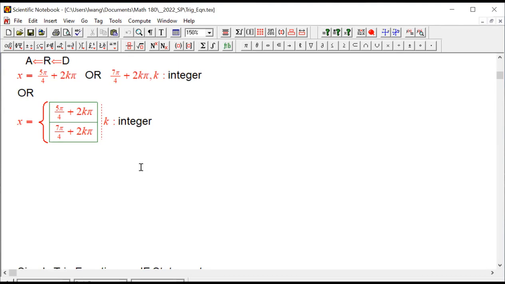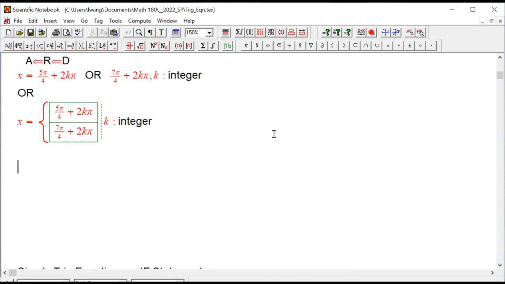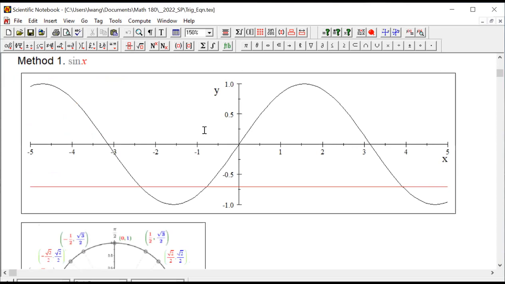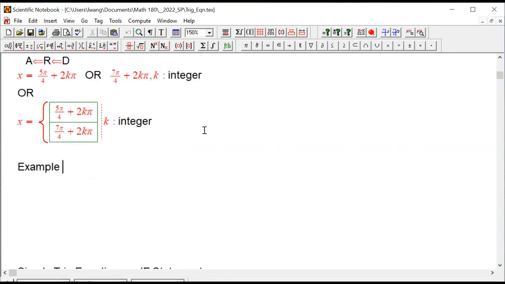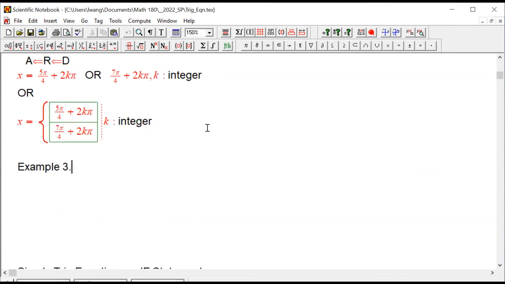Let's look at another one. All these angles we've been seeing are special angles. Maybe we get to see some non-special angles. This would be example number 3.